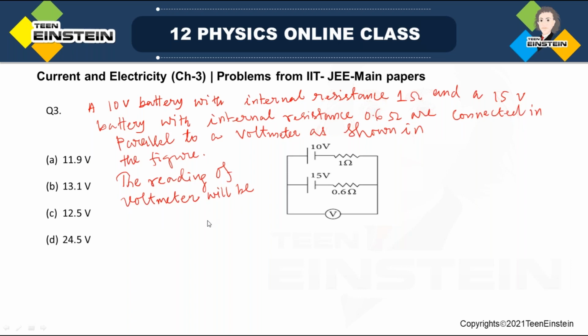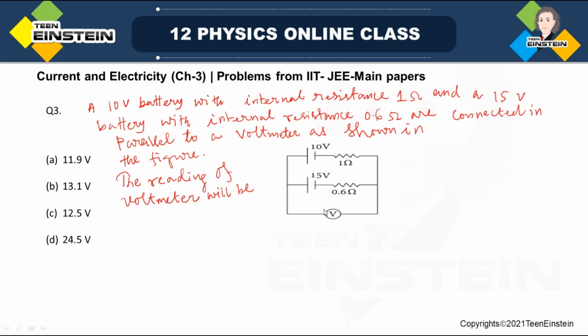So how do we solve this problem? Since there are two batteries connected in parallel with different internal resistance, this is 10 volt, and this is 15 volt.